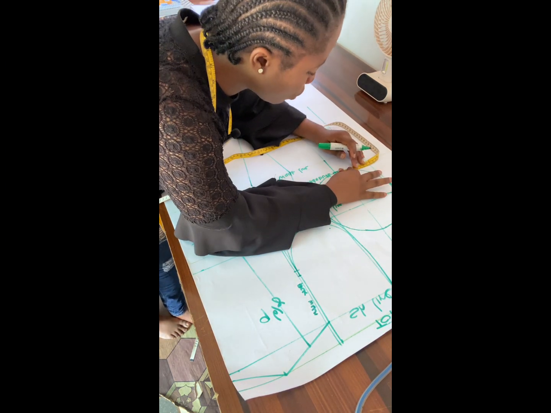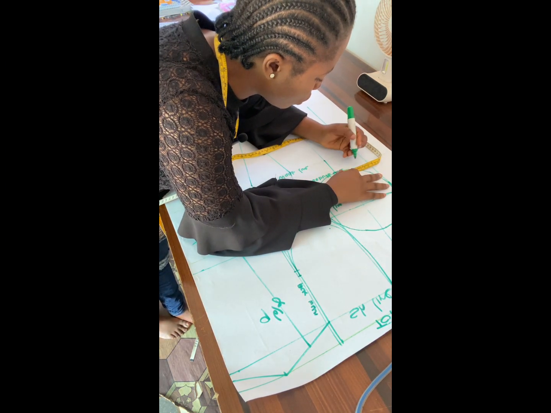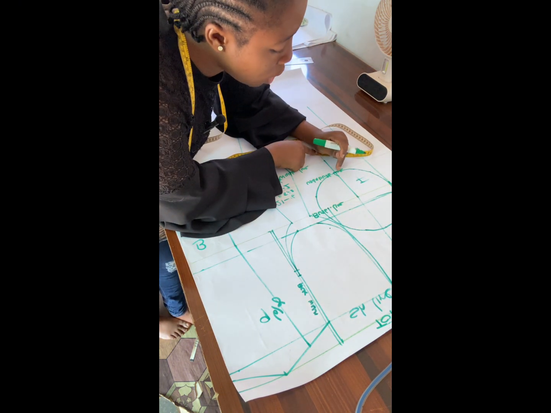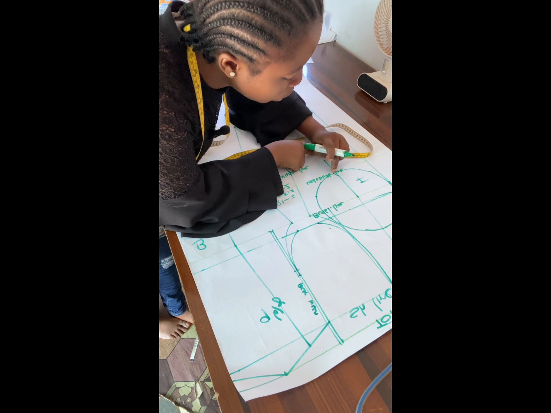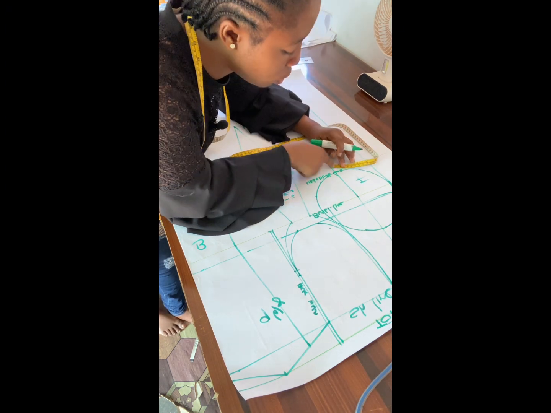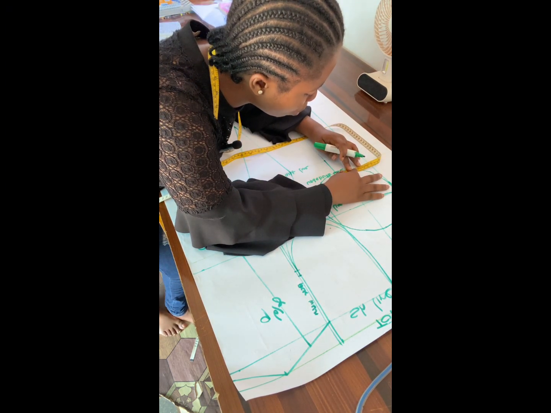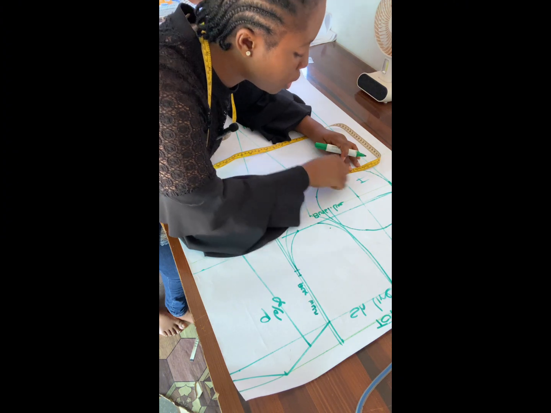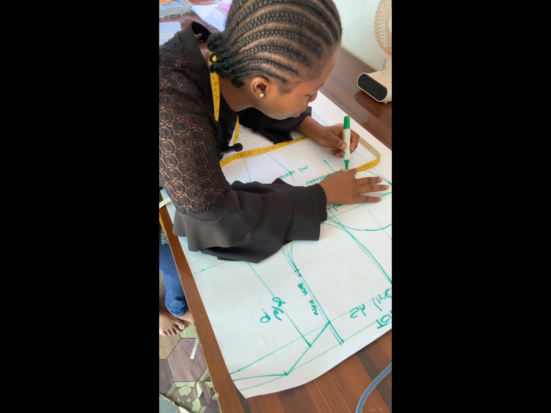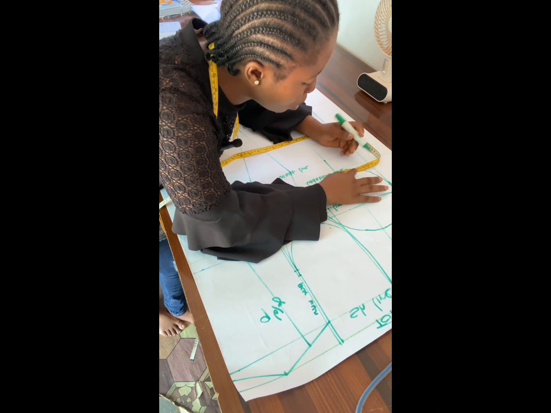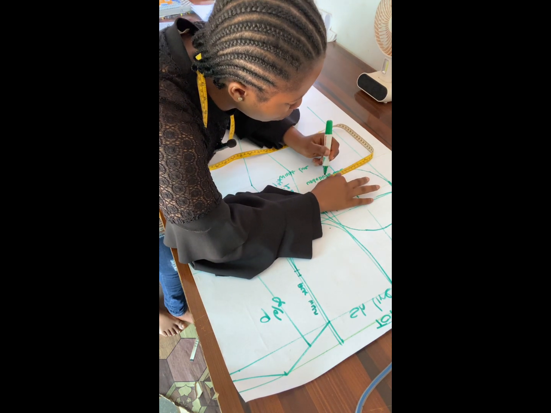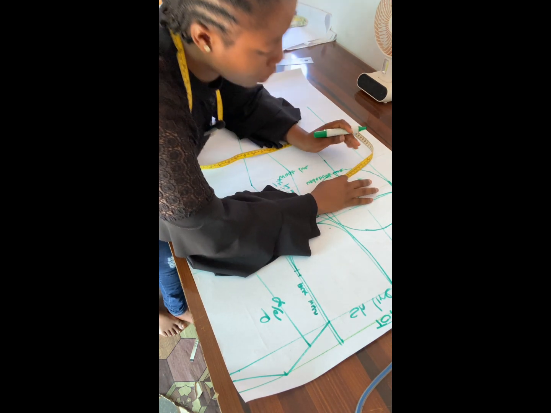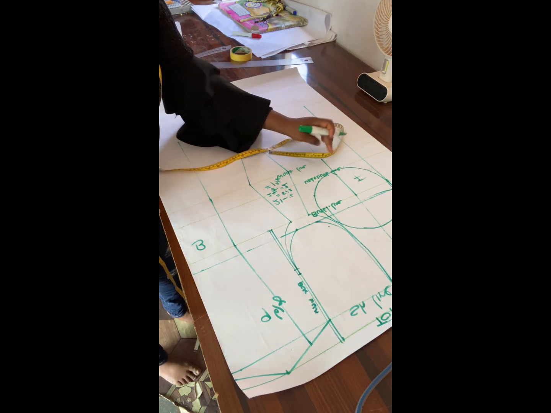I'm going to measure it along this circle. I'm not measuring it on the straight line. I'm measuring it on the circle line, on the radius line. So from this point, this dotted line, I'm going to measure 1.25. So these are my marks.